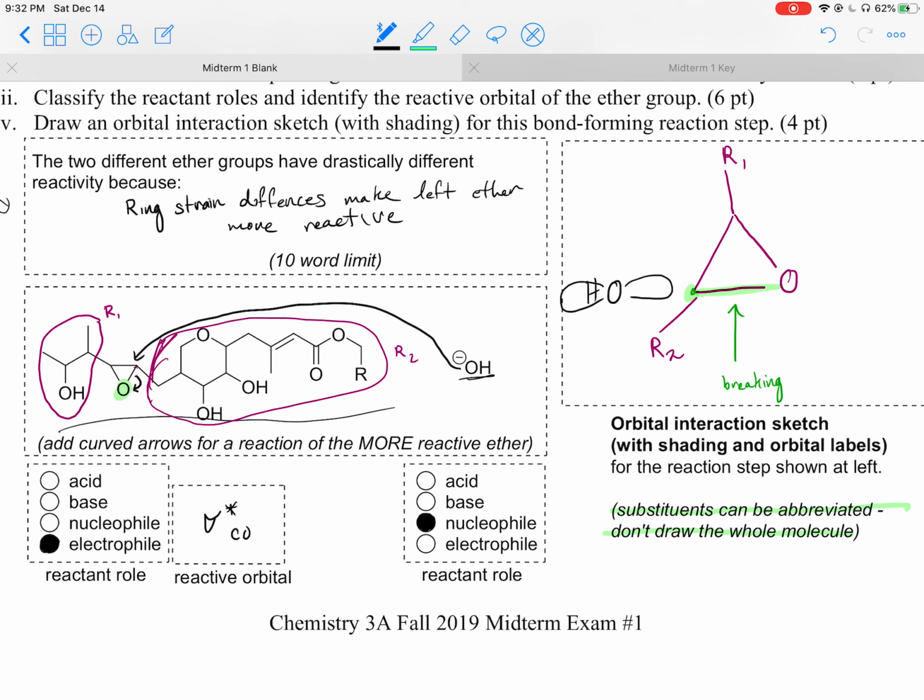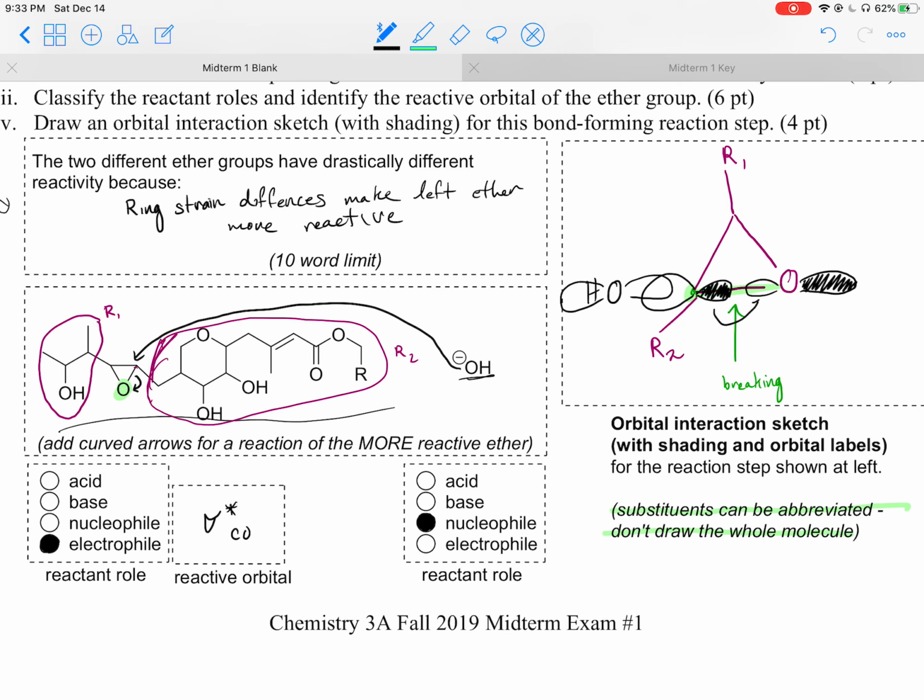And then we are breaking the sigma bond between the carbon and the oxygen, right? So this is going to be an sp3 and another sp3 on the oxygen. And when they are breaking, we're going to have one lobe shaded, and we want to have them oppositely shaded, right?